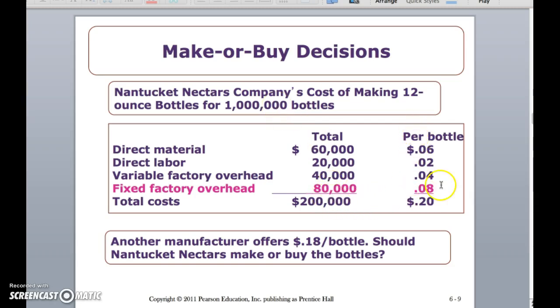On the right hand side, I have a column for you that is the per bottle cost. So on each bottle, the company would pay 6 cents on direct material, 2 cents on direct labor, 4 cents on variable factory overhead, and 8 cents on fixed factory overhead for a total of 20 cents.